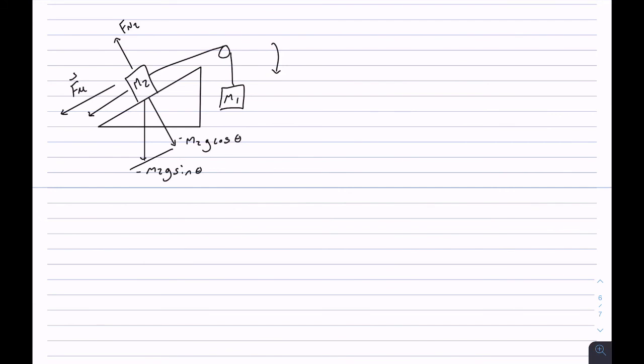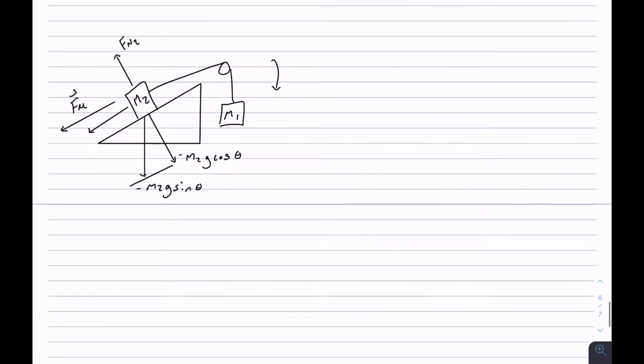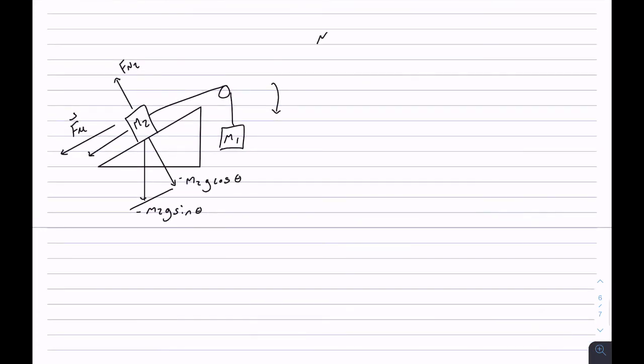So let's sum up our forces to see where we're at. I'll come up here. M net, acceleration net, is equal to negative frictional force, negative weight force.